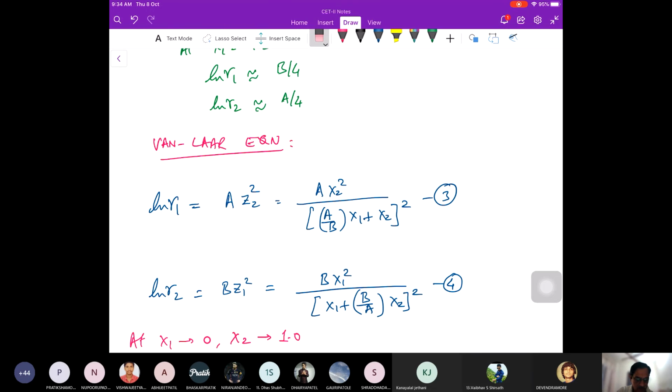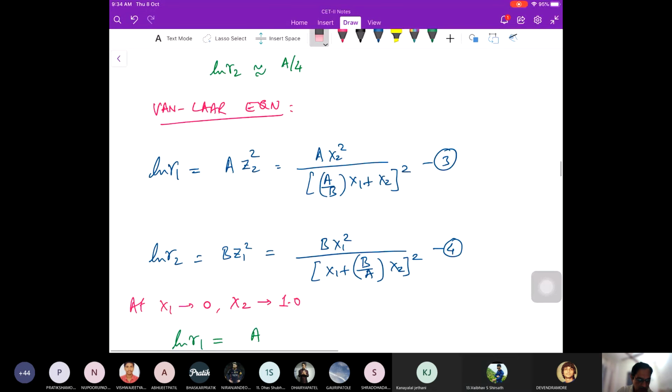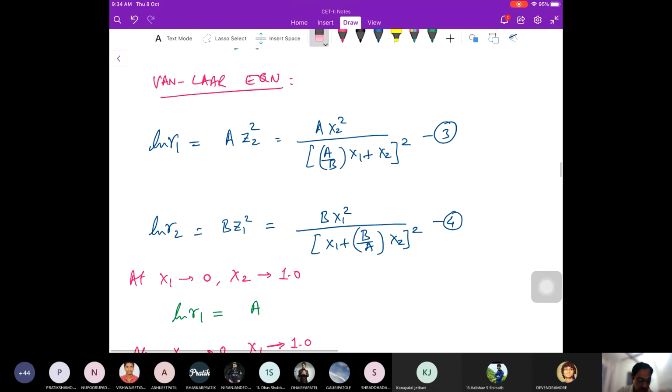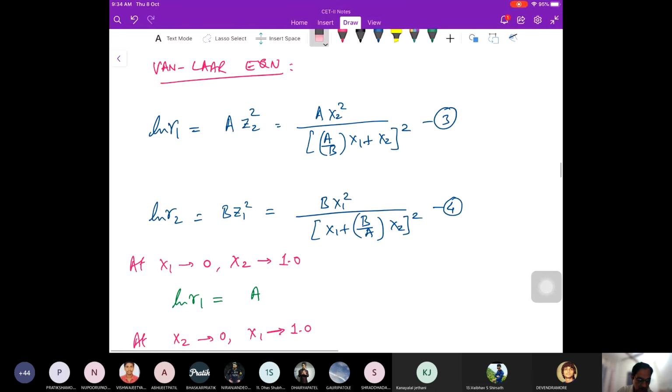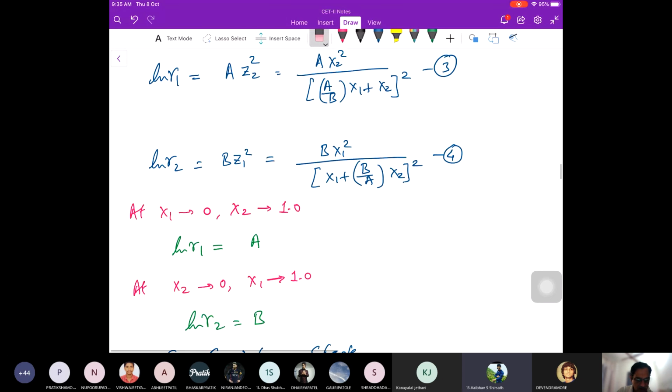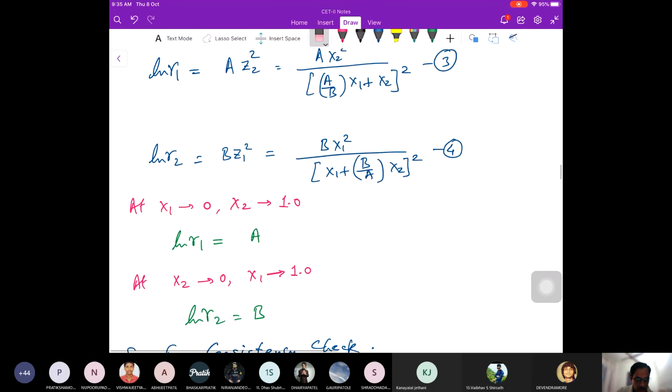Sir, a. What comes? This comes, right? ln gamma 1 equals a. Now if we substitute x2 tends to 0 and x1 tends to 1 in equation 4, what will you get? b sir, ln gamma 2 equals b, right? So what you get is ln gamma 2 equal to b.